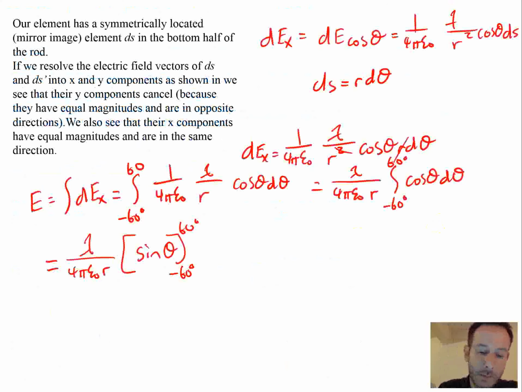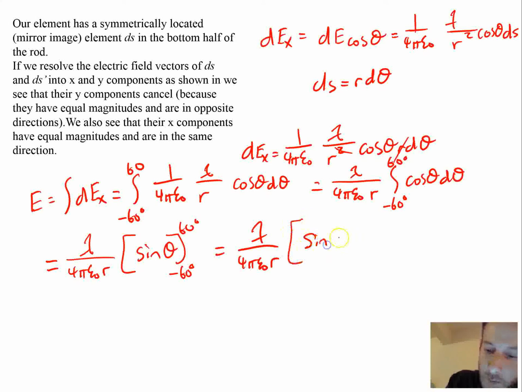Now you can plug in negative 60 and 60, which is equal to lambda over 4 pi epsilon naught r times sine of 60 degrees minus the sine of negative 60 degrees.